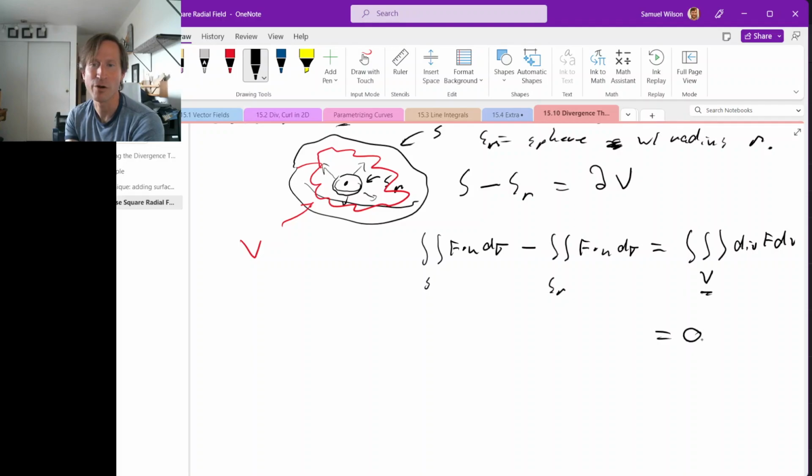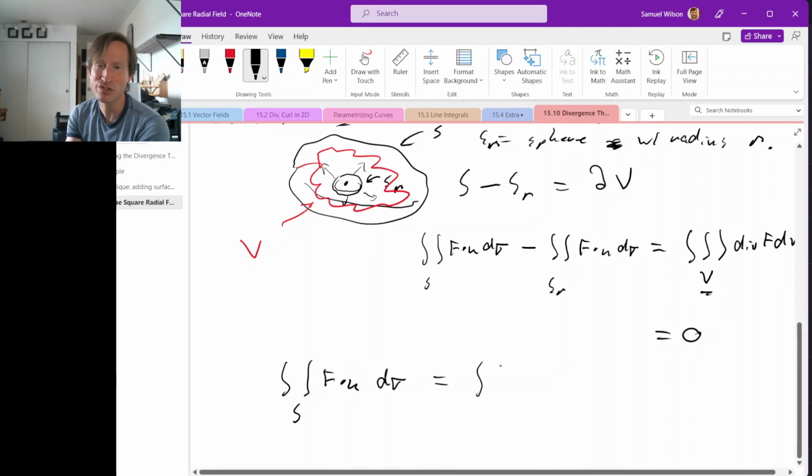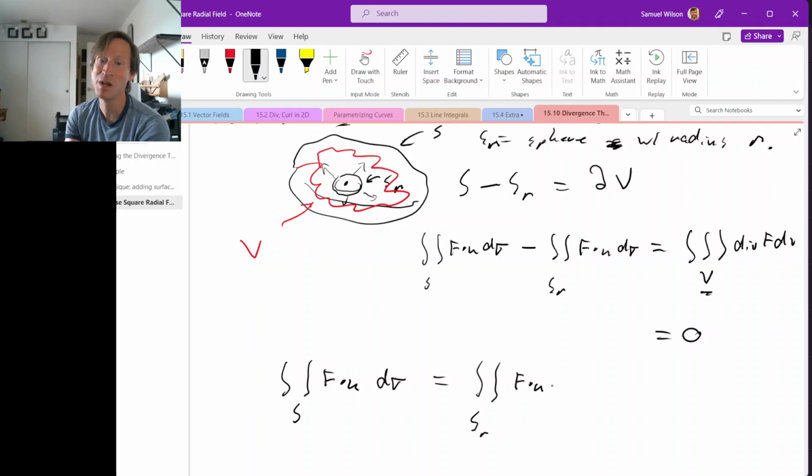So this is 0. What this tells us is that the integral over our surface, which we don't know anything about except that it encloses the origin, is equal to the integral over this sphere of radius r, where r is some number small enough to fit our sphere inside of the surface S.